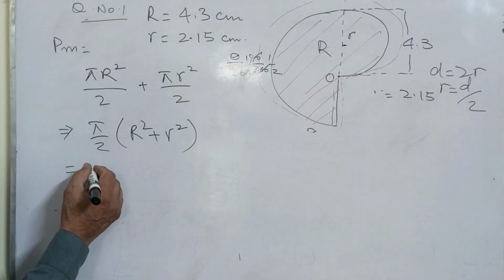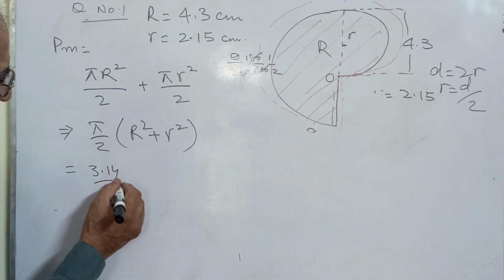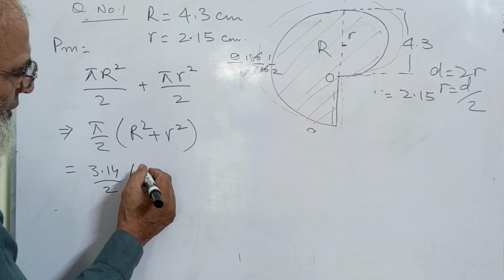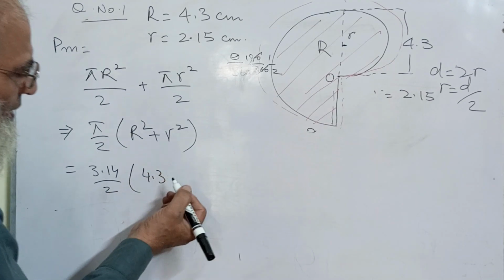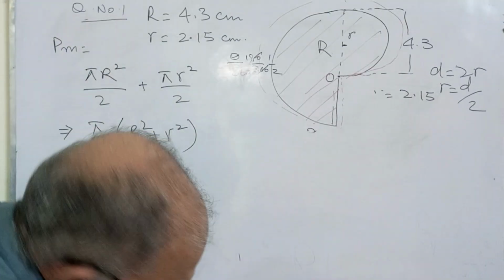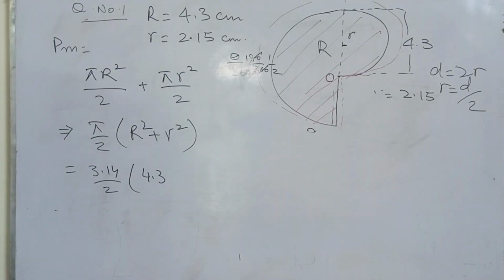So it will become 3.14 divided by 2. R square is 4.3 the whole square. Let me write the square of it instead of writing 4.3.